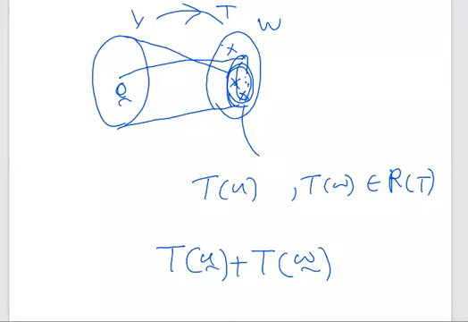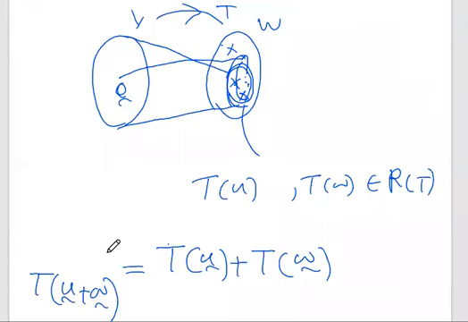All right. So T is a linear transform, so you can pull out this T: U plus W. What does it mean?